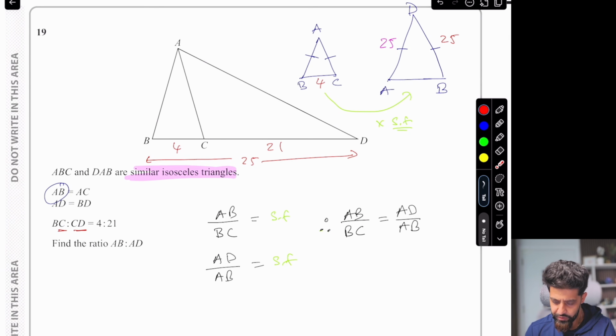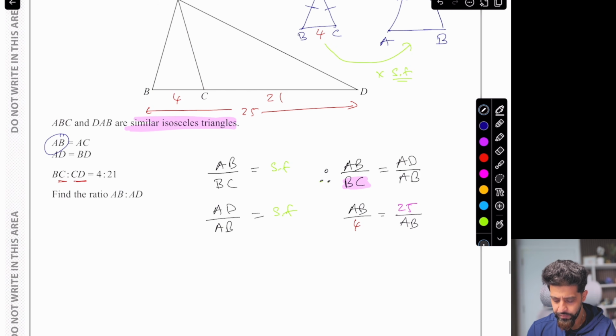And then what can we do? B to C itself is given as 4. So we have AB divided by 4 is equal to AD, which is also given to us as 25, so 25 over AB. And then we can cross multiply.